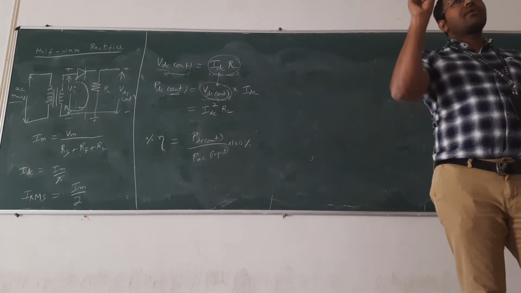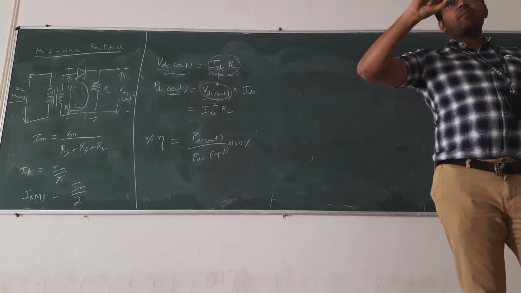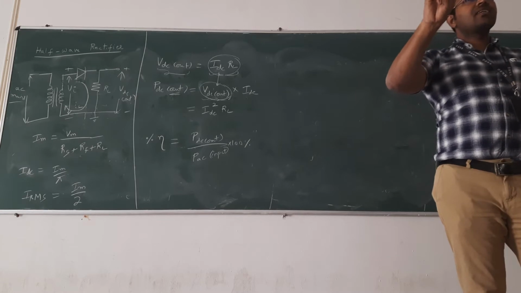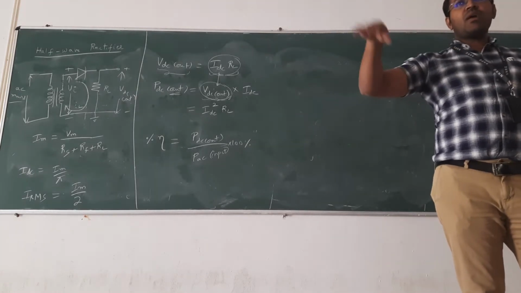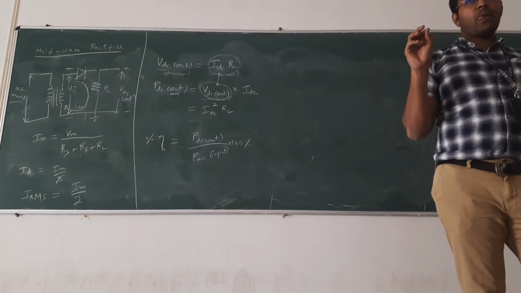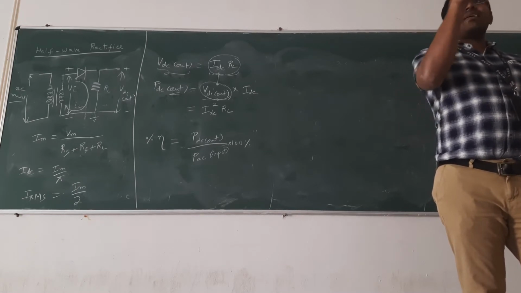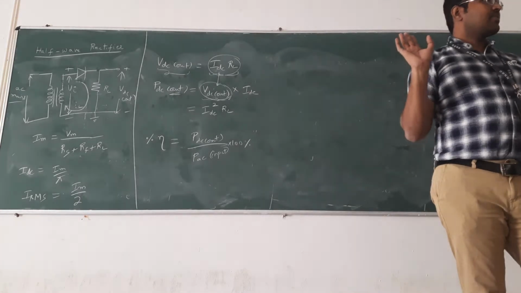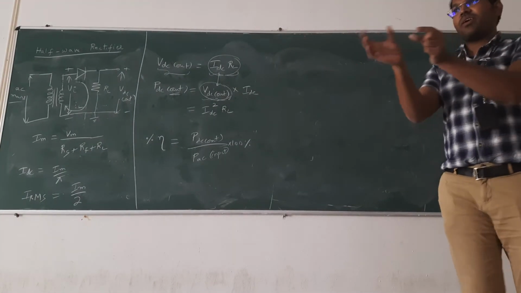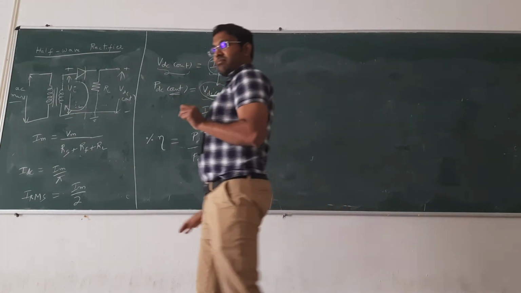Suppose father has some property X rupees. He has 3 children and he is dividing the property among the 3 children, in any manner he divides.